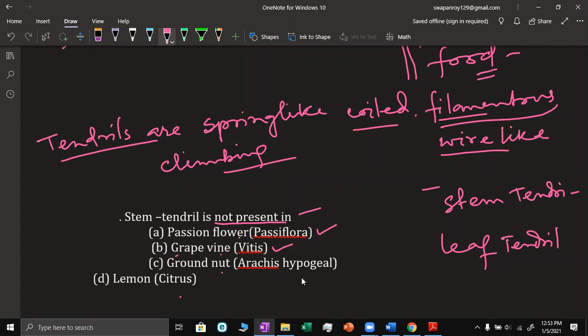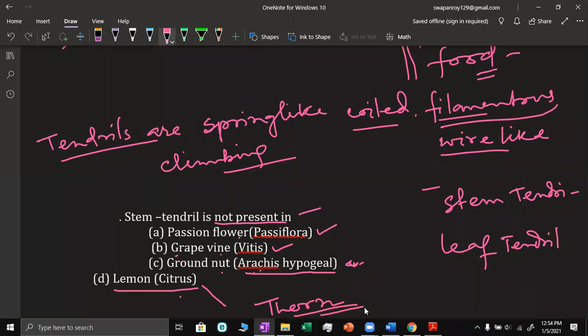In groundnut, that is Arachis hypogea, it is leaf tendril. And in lemon, of course, the tendril is not there. In lemon, it is thorn.